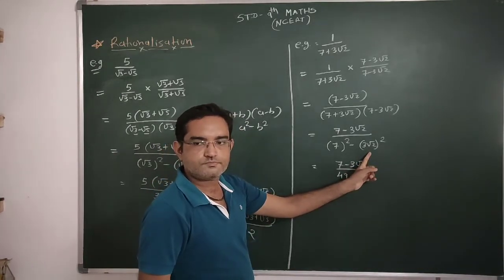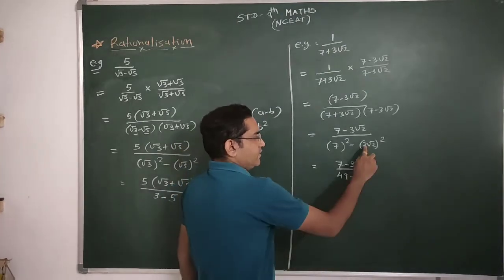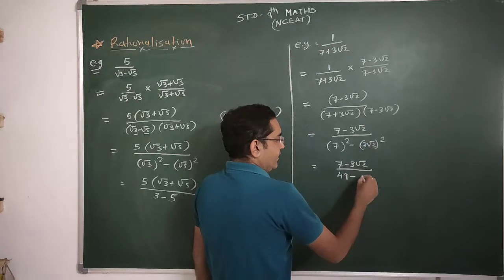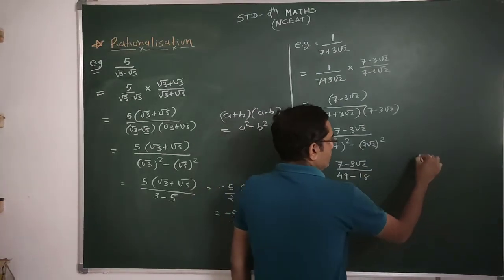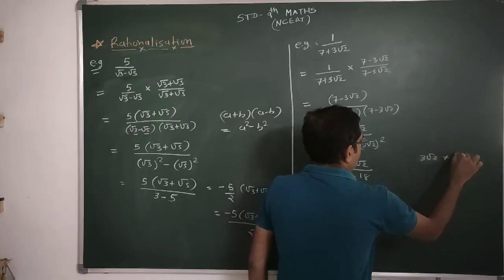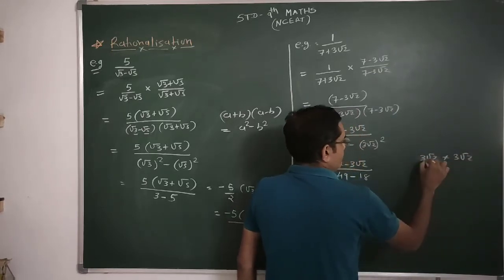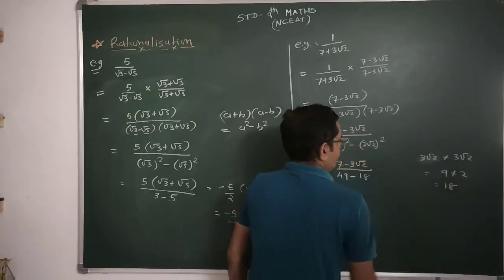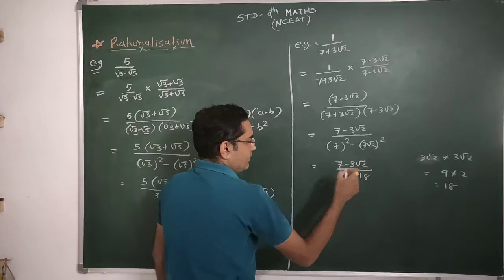Yes, very good. 3 square is 9 and root 2 square is 2, so 9 twos are 18. That is 3 root 2 into 3 root 2: 3 threes are 9, root 2 into root 2 is 2. So 3 root 2 whole square is 18.